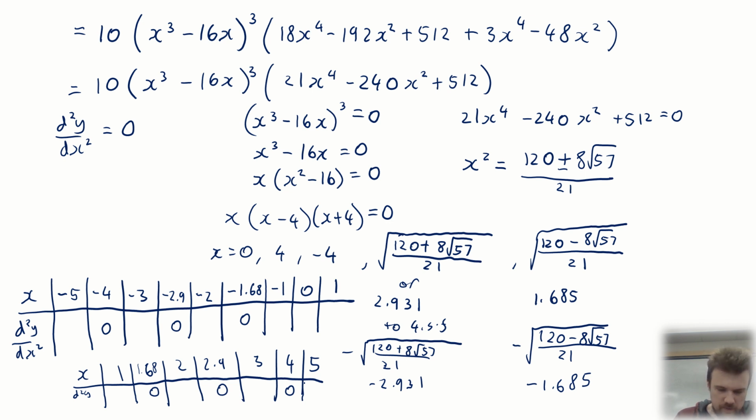So let's double check I've done that correctly. Power 3, power 4, 2, there we go. Correct coefficients. Okay, so we're going from -5 all the way to 5, and we're doing every 1. Okay, wow. Let's just say that's a really big negative number.